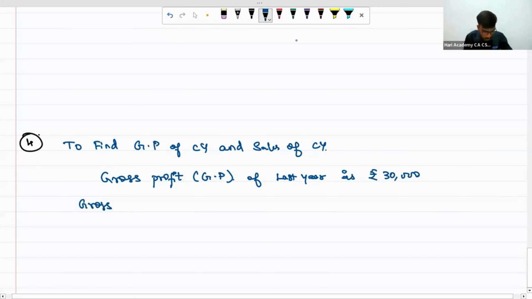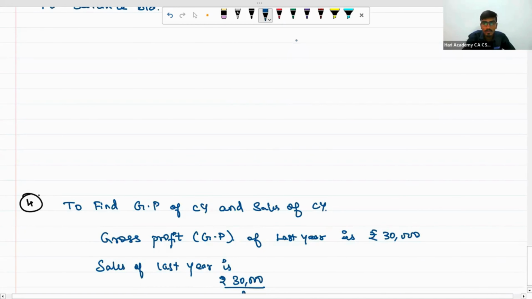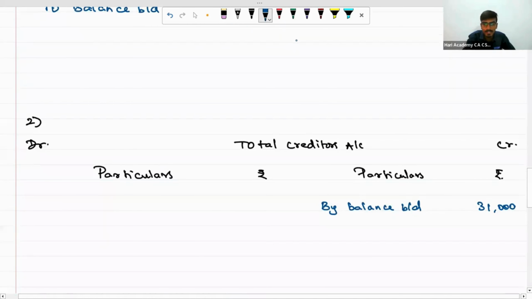So we will be able to find out, that is 20% we have seen. So to find out sales of last year, it is 30,000 divided by what percentage they have given? 20% on sales, correct?